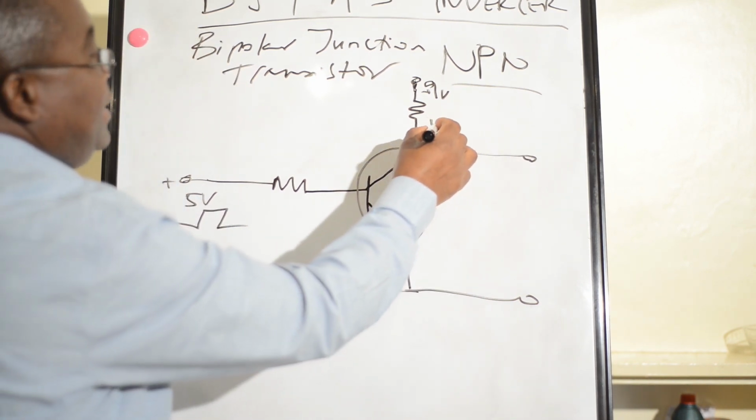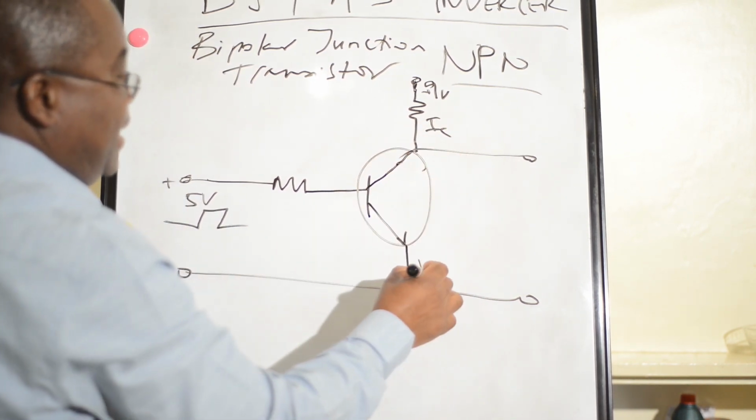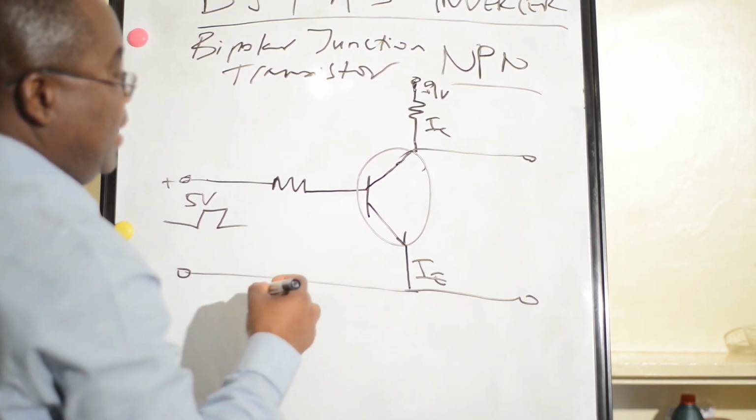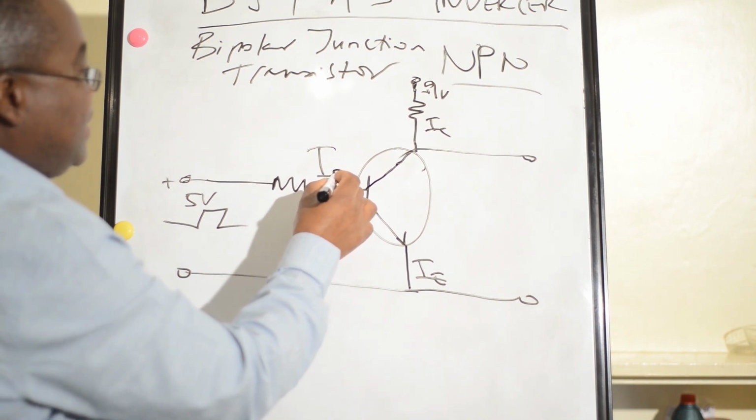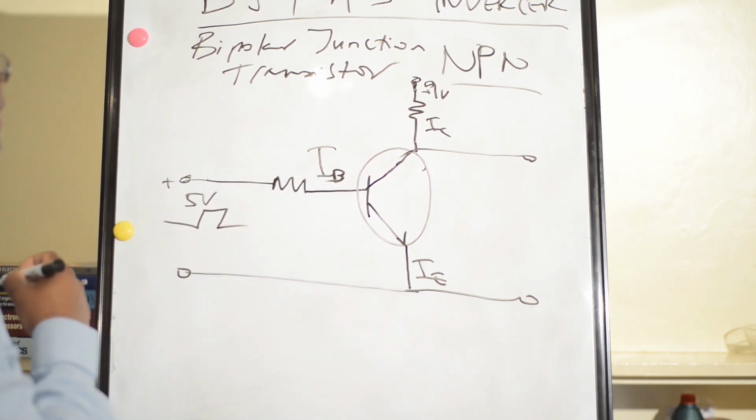So this is IC, IE, and IB, our base current.